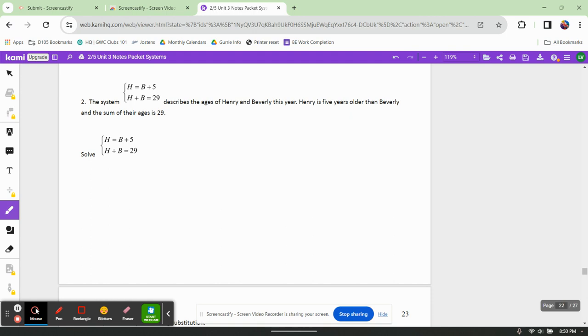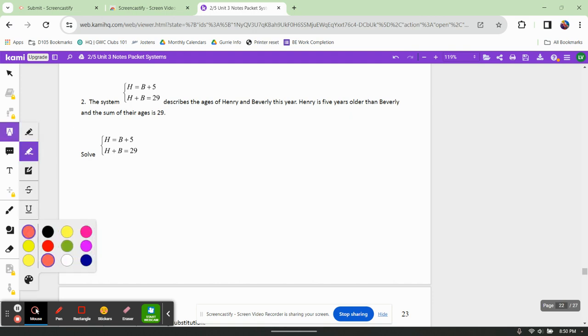So we're going to take the information. They have given us the equations, but it is good to confirm that we know where we're getting it from. Henry is 5 years older than Beverly. That is represented by the first equation.